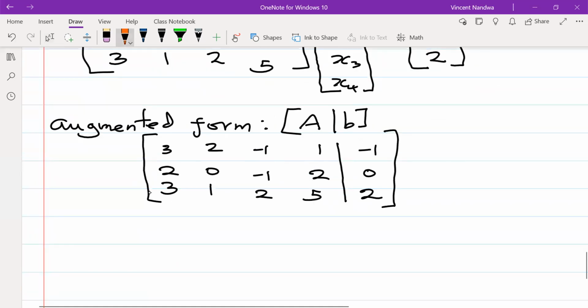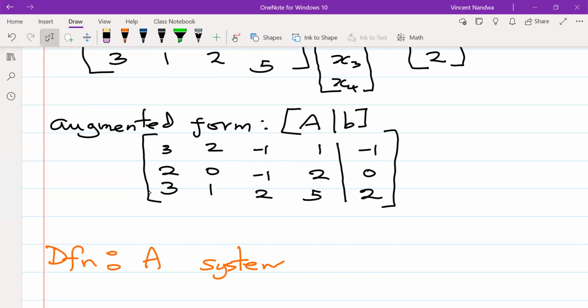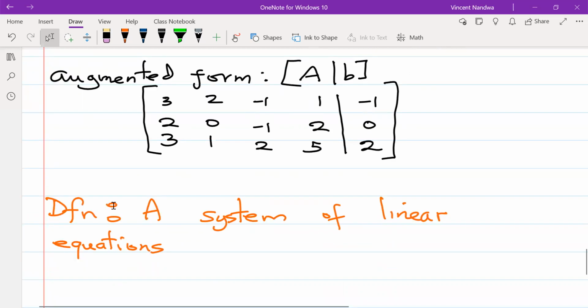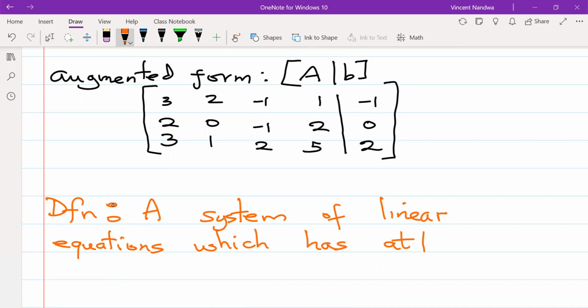So some definition. A system of linear equations which has at least one solution is called a consistent system.